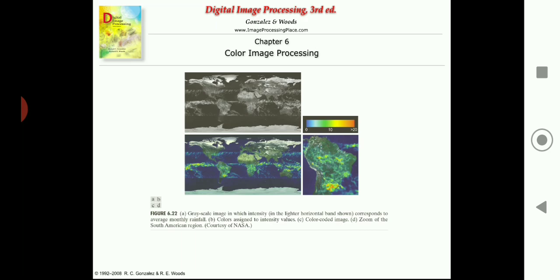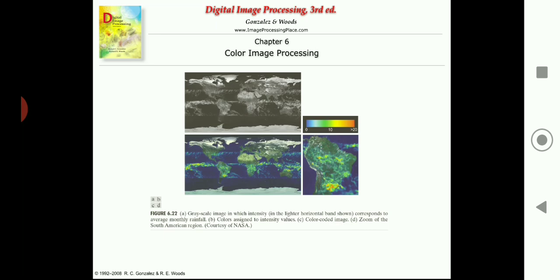And if you remember from the previous video, these images were taken from the satellite. These are satellite images, and later they were processed using the intensity slicing method, and then we tried to understand where there was a high amount of rainfall and where there was less.